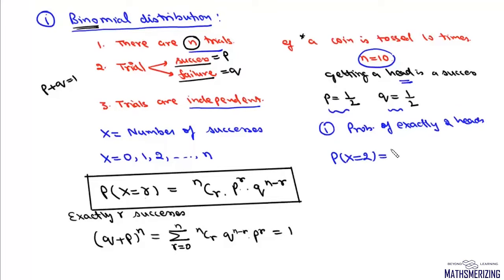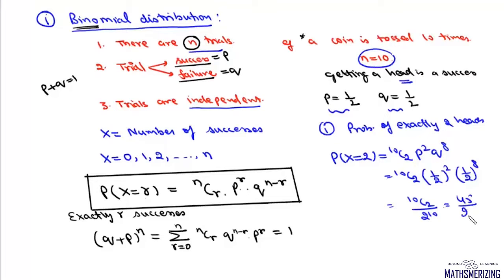This probability is nCr, where n is 10, so it is 10C2 p to the power 2 into q to the power 8, which is 10C2 into 1 by 2 square into 1 by 2 to the power 8. This is 10C2 upon 2 to the power of 10, which is 45 upon 2 to the power of 10.